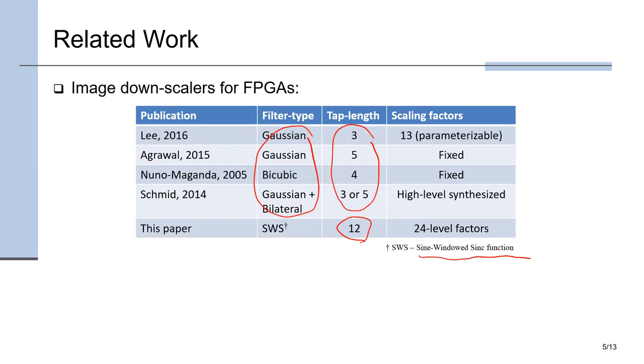And also we support up to 24 different scaling factors, while many other designs only support fixed scaling factors. And even some of the designs that allow parameterizable scaling factors are limited to a smaller number than 24 levels.